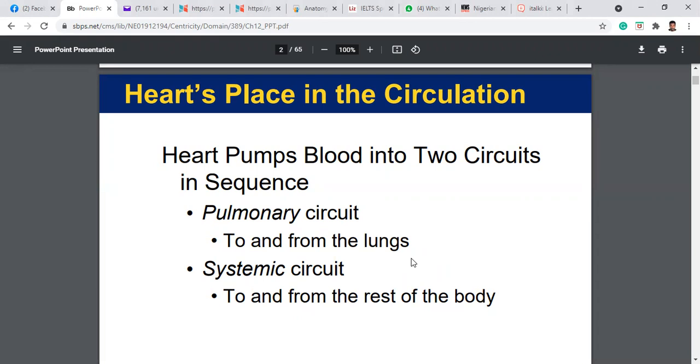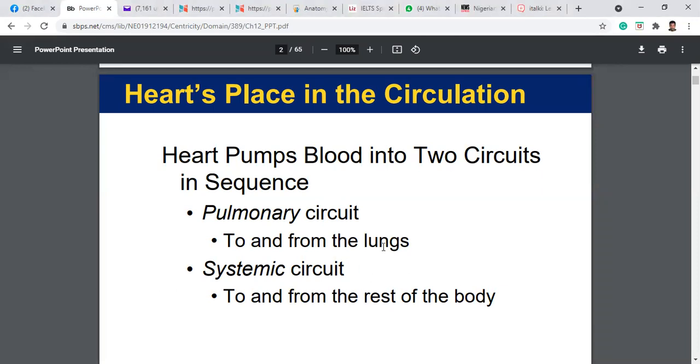And we said the first circuit is called the pulmonary circuit, while the second circuit is called the systemic circuit. So the pulmonary circuit is blood leaving the right ventricle to the lungs and back to the left atrium. I'm going to use a diagram to explain that. Then we'll have the systemic circuit.